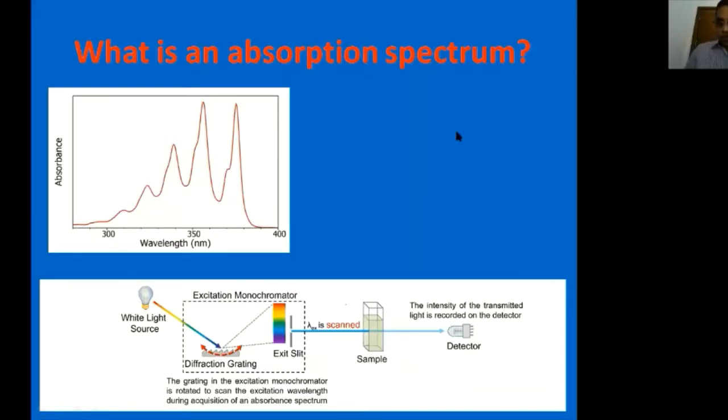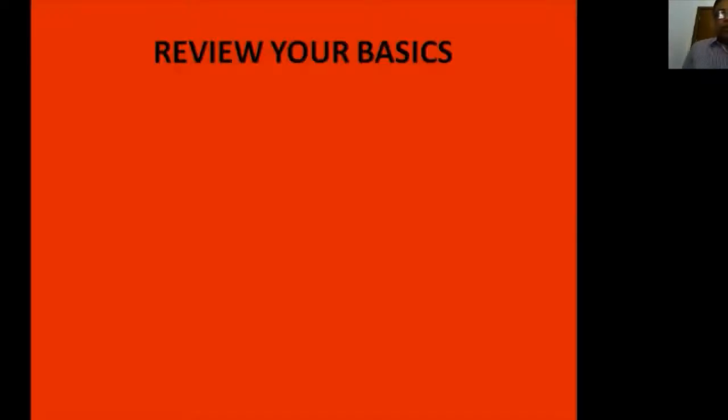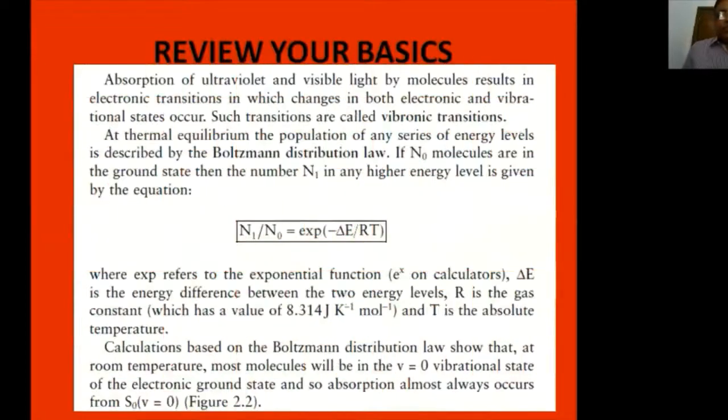Now, going for a little more basics, the Boltzmann law is also important. As I told you, the vibrational states are under Boltzmann equilibrium, whereas the electronic states are not. Within the electronic surface, your vibrational state population depends on the temperature.